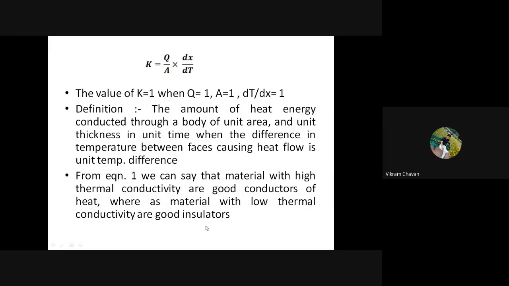So insulator means what? Which will oppose the heat transfer. Those materials are called insulators.